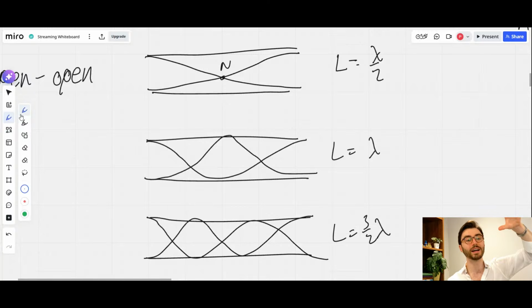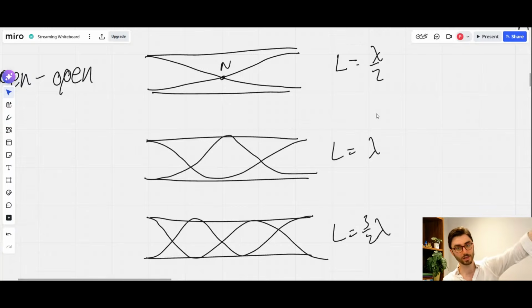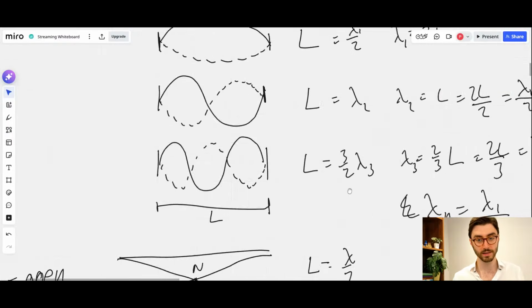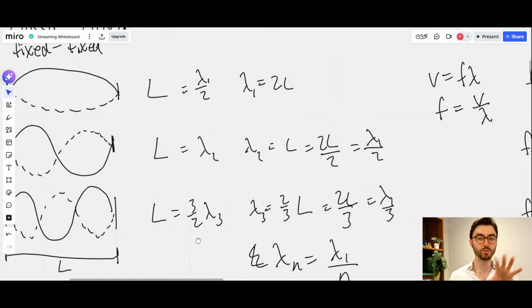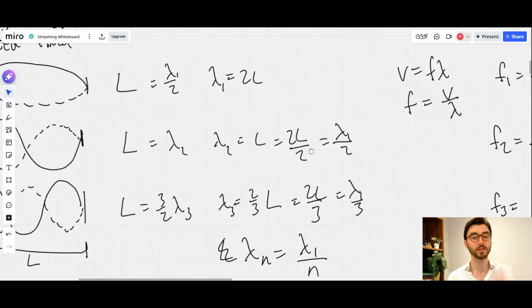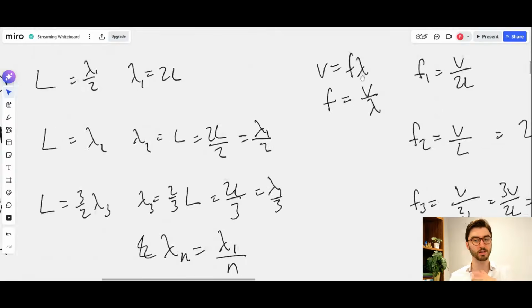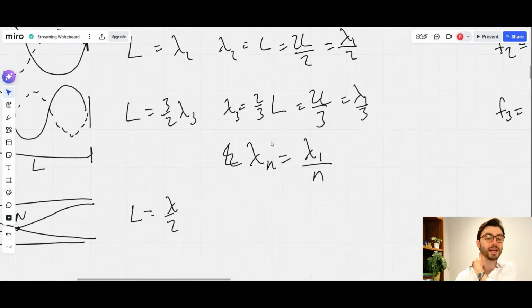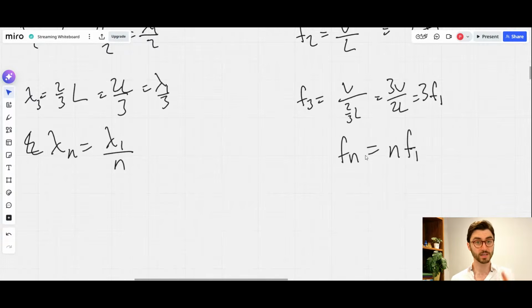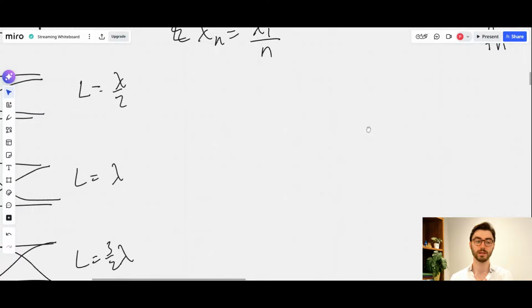So we end up with exactly the same situation as we got for the closed case. I won't redo this, but we go through exactly the same process, making wavelength the subject of the formula, and then use v equals f lambda to work out the frequencies. And we get these exact same relationships between the wavelength of a given harmonic and the fundamental wavelength, or the frequency of a given harmonic and the fundamental frequency.